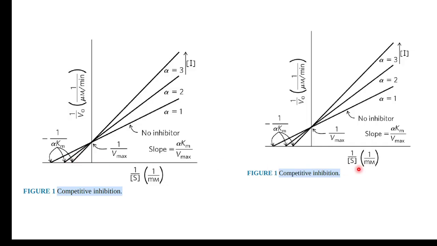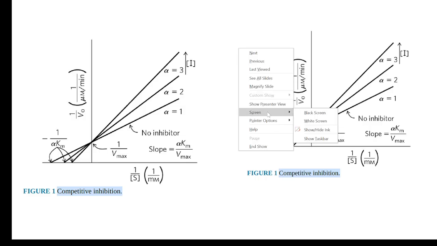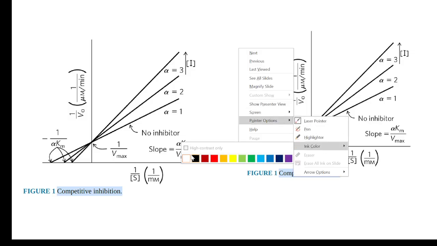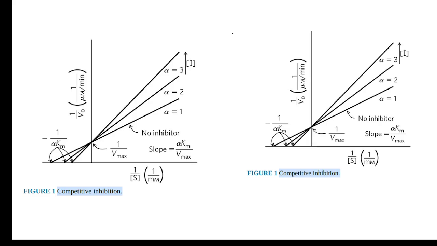And for the uncompetitive inhibitor, I think I pasted the same thing. But in the case of uncompetitive inhibitor, you will get the same thing, but it's like this. This is in the presence of inhibitor, and this is in the presence of no inhibitor.